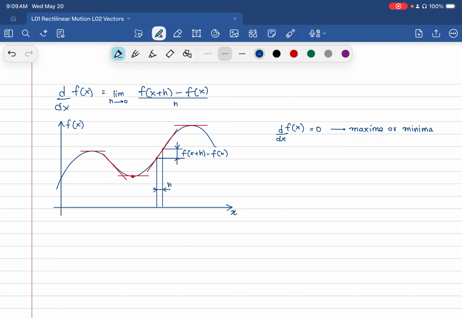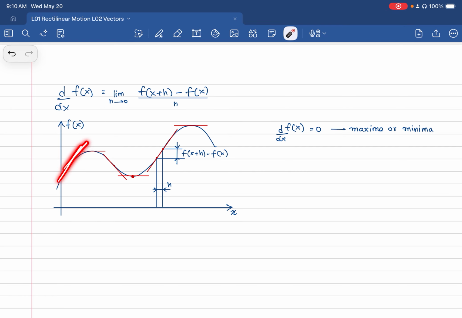How do you know if it's a maxima or a minima? So at the maxima, your slope going from left to right would initially be positive and it'd be decreasing until it becomes zero, and then it is negative, right? So you know that the slope of this line is positive and the slope of this line is negative, right?